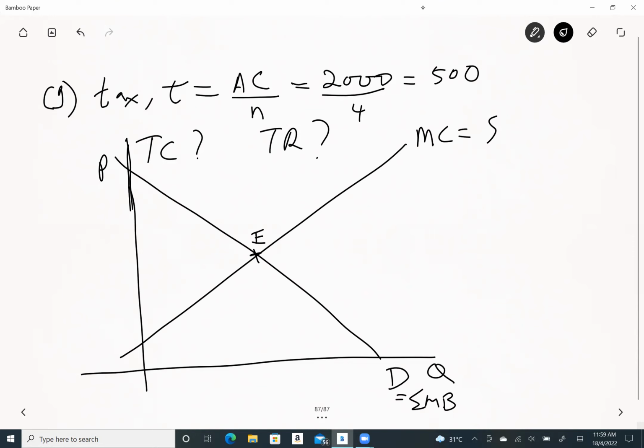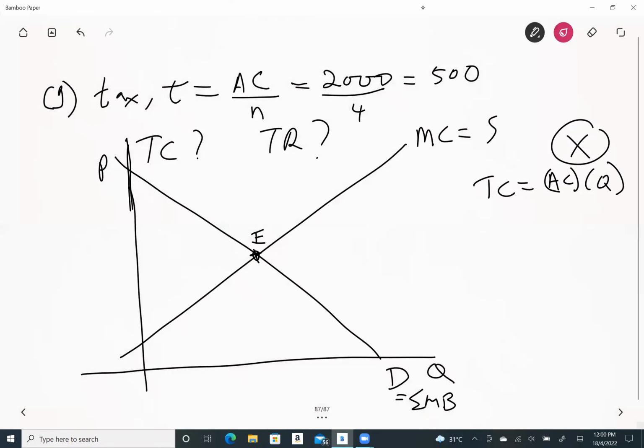What is the total cost of providing the public good? Here, we cannot use AC times Q, because marginal cost and average cost are different. So what we do is use the area.